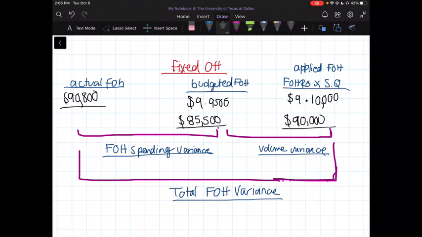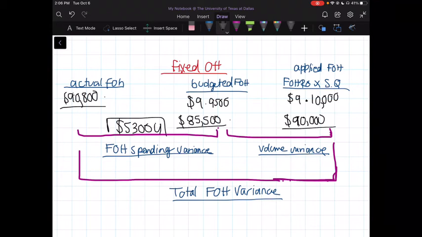Now to calculate them, we're going to be subtracting 85,500 from the 90,800, and that gives us 5,300. Since our actual is a little bit more than our budgeted, we're going to put that as unfavorable.